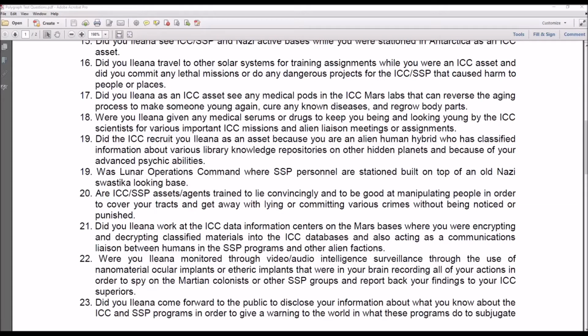So that was a huge component of the surveillance spying through these implants, of me spying on Martian colonists and other SSP groups to see what they were doing, how they were doing it, how much progress they had made in building out bases on Mars, how advanced the SSP groups were, how the colonists were doing, were they prosperous, how their living conditions were, were they fighting with each other, were they living peacefully, where their colonies were being built, how many colonists there were, were they traveling off Mars to other planets, did they have peace treaties with other ET groups to help them survive on Mars, stuff like that.